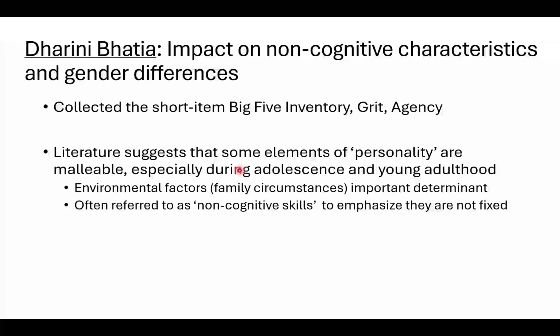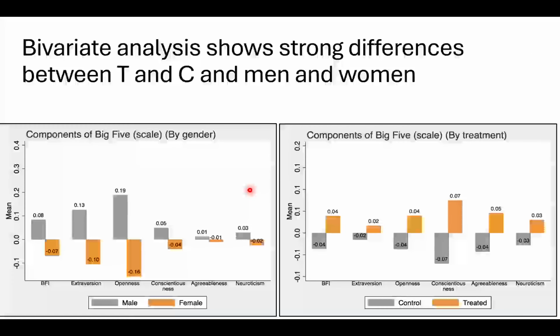If you remember back in high school, I started out in 9th grade as one kind of person, and by 12th grade I was another kind of person. So I think it makes sense. Certainly context, school environment, and family environment are very important in influencing those characteristics. And I guess that's why they're called non-cognitive.